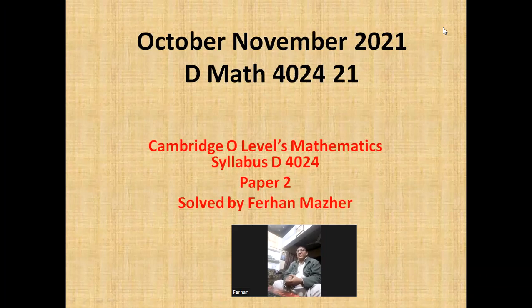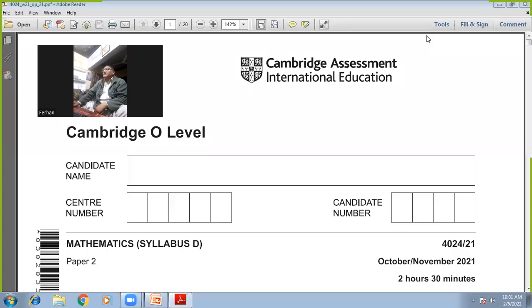It's the latest paper till this date, and we have selected Paper 2-1, which belongs to Variant 1. The time allowed for this paper is 2 hours 30 minutes, and the scientific calculator is allowed in this paper. So let's start this paper and hope you will enjoy this session.